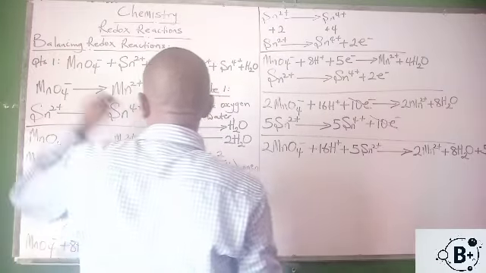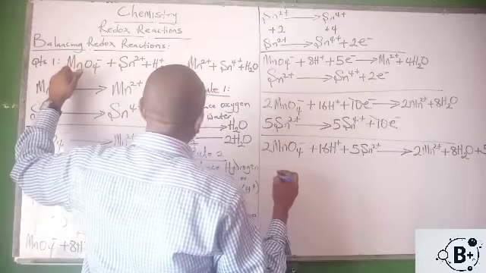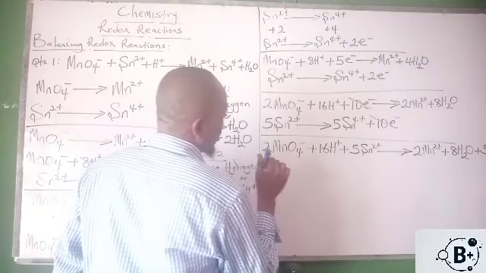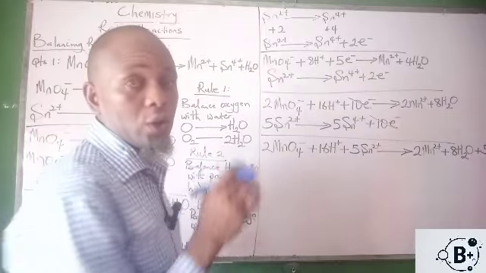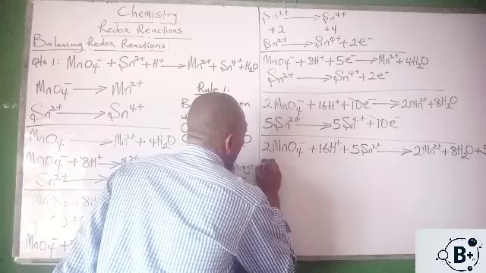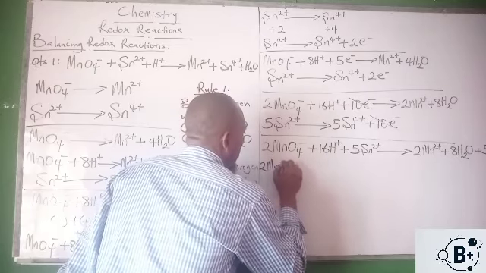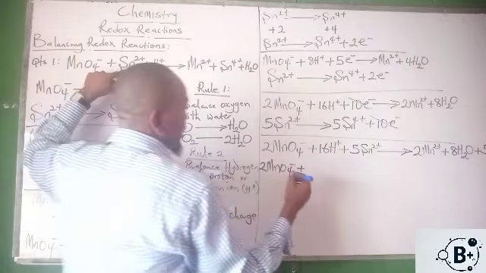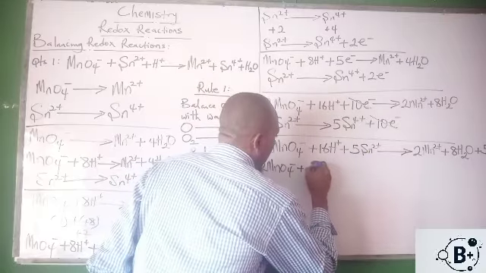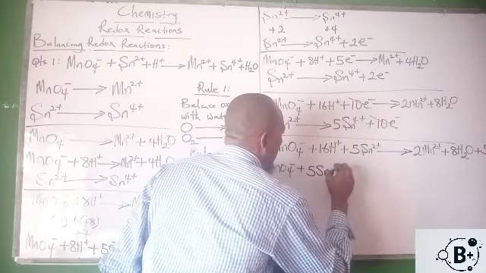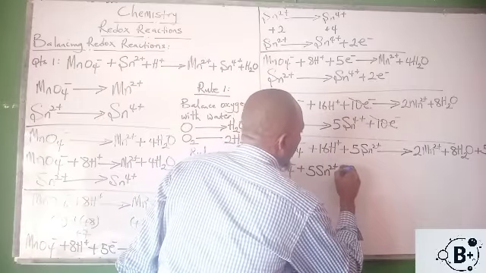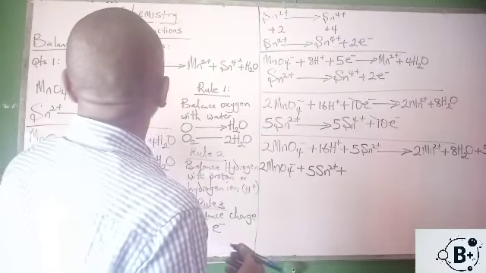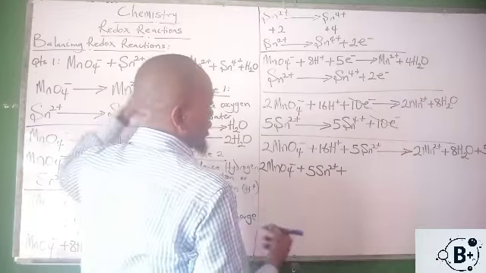So now we write the manganese. The manganese comes first. So the tetraoxomanganate 7 comes first. So we are going to write 2MnO4- plus, after that is the tin. So 5Sn2+ plus, after that the next thing I'm writing is hydrogen.